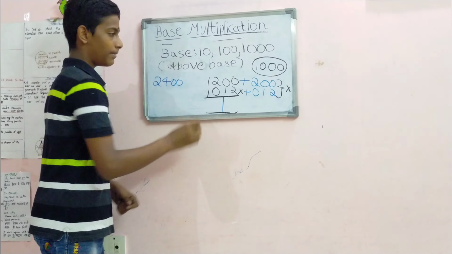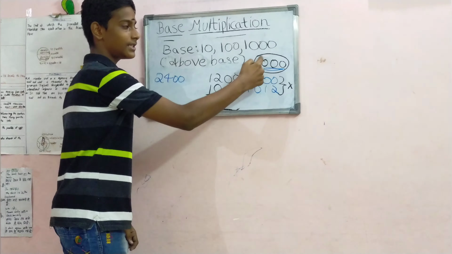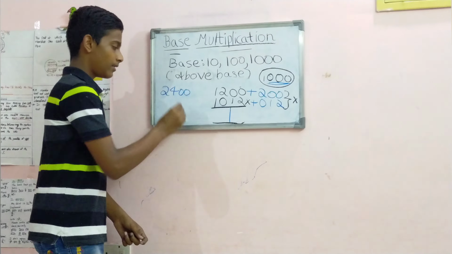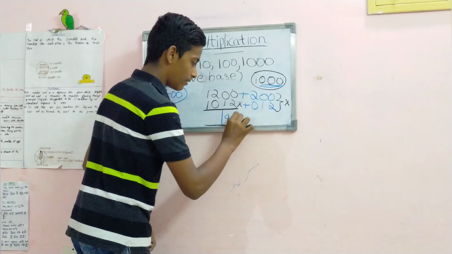2400. But as we saw earlier, as only 3 zeros are there in 1000, only 400 is to be written over here.